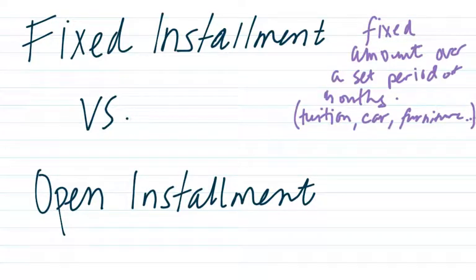So this is a fixed amount over a set period of months. Examples of fixed installments are things like tuition, car payments, and furniture if you buy it from a store with store credit. So again, like tuition, I attended TWU in the spring of 2020, and I set up a monthly payment plan to pay my tuition.